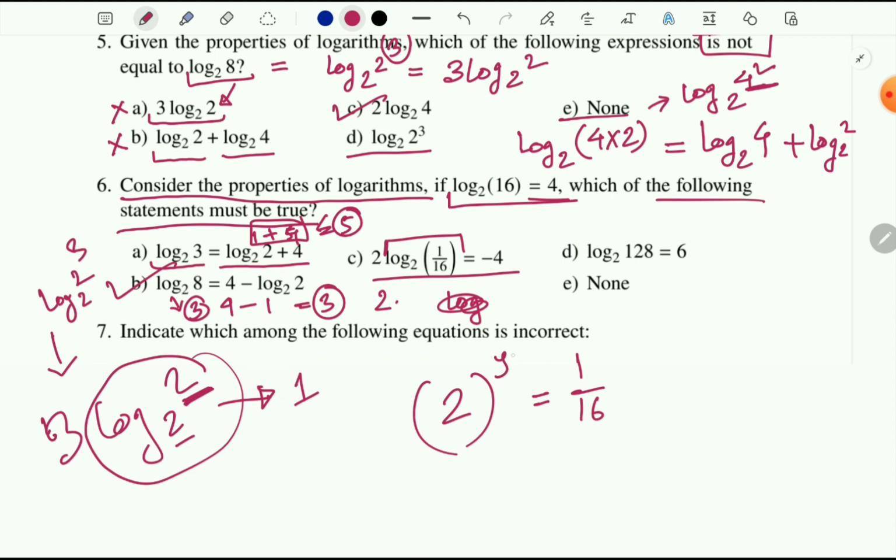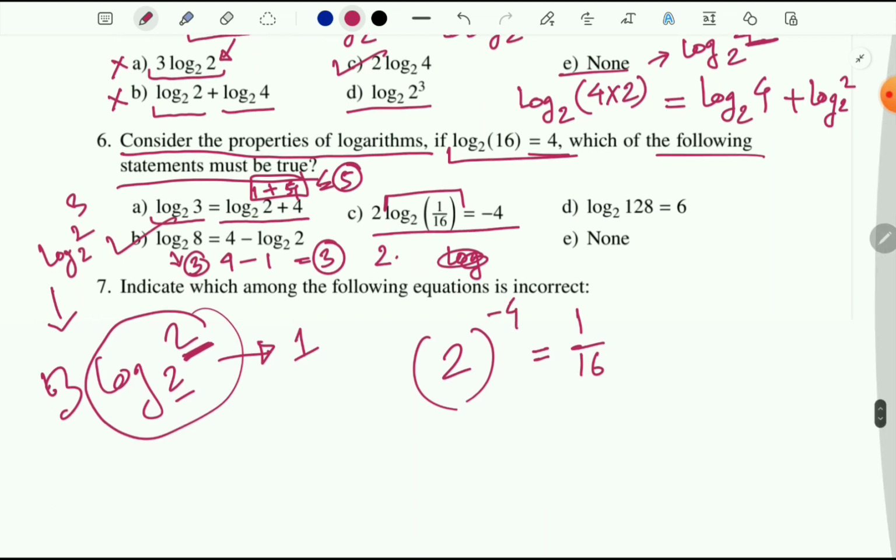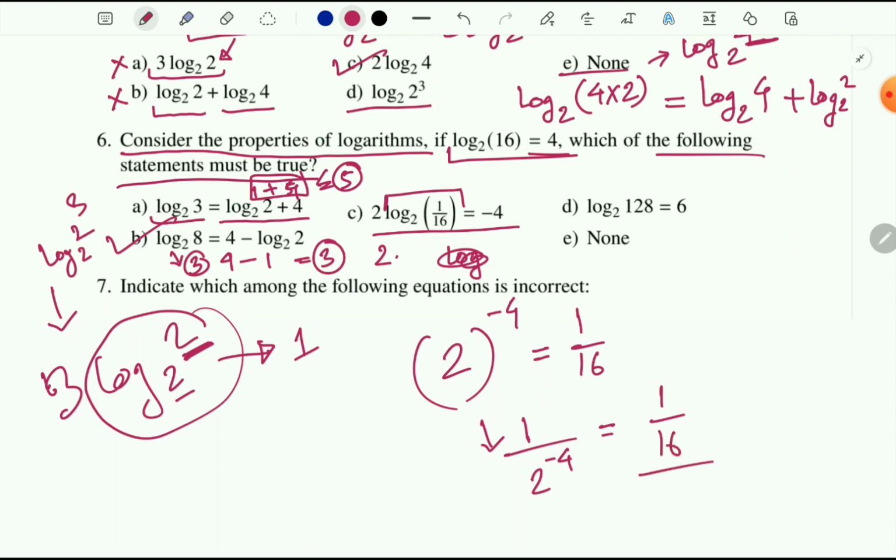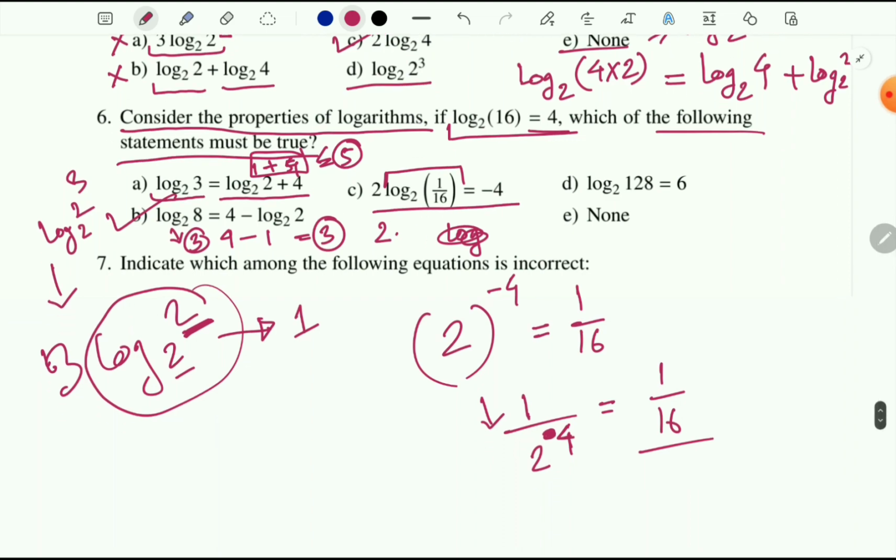Negative 4. Yes. So negative 4 means 1 by 2 to the power 4, so 1 by 16. So we are getting the value here negative 4 and here is 2, so it becomes -8. So -8 is not equal to -4. This is not the correct answer. Anyway, we found our answer. Our correct option is B.